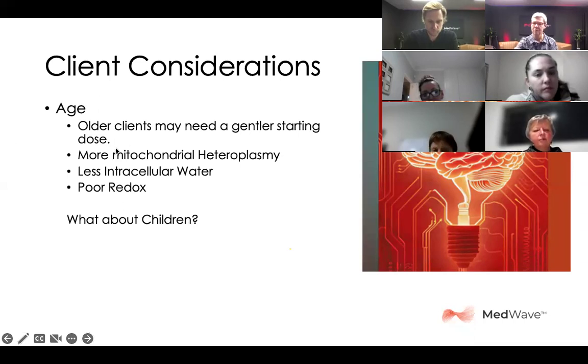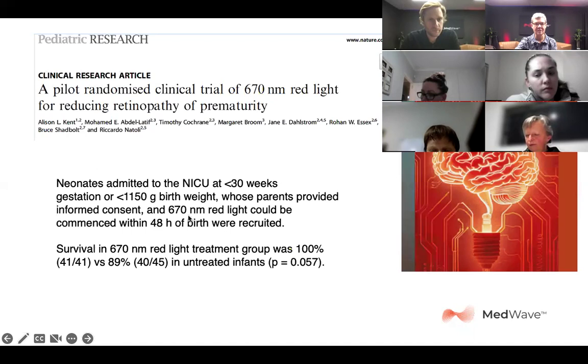So we often get the question, is it okay to use the photobiomodulation on young children? And the answer is a resounding yes. And I'll share with you some research that was done using visible red light wavelengths in the neonatal ICU to try and reduce something called the retinopathy of prematurity.